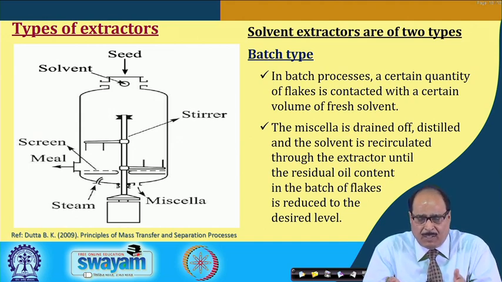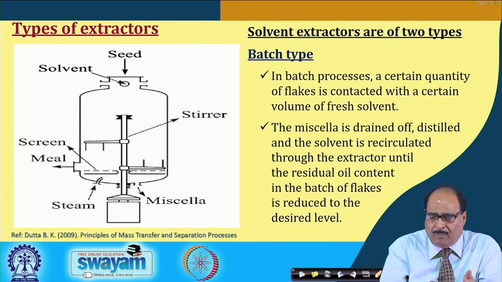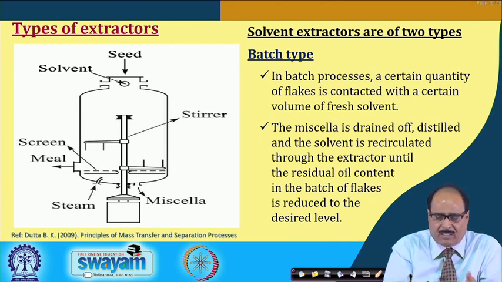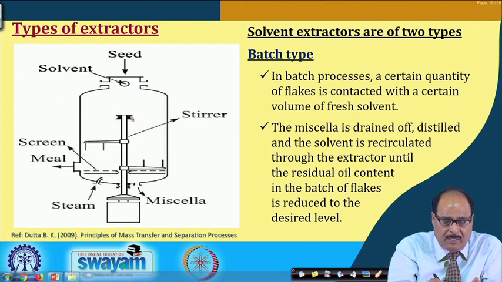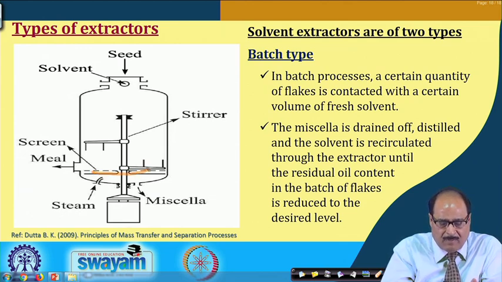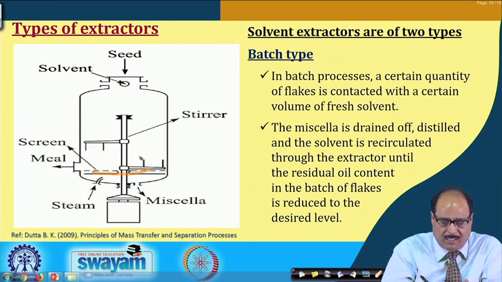In the batch process you can see here, a certain quantity of flakes is contacted with a certain volume of fresh solvent. The seed is passed, solvent comes, and at the bottom it is provided with a certain screen. The solvent dissolves the oil, and the solvent plus oil, that is the miscella, is collected.